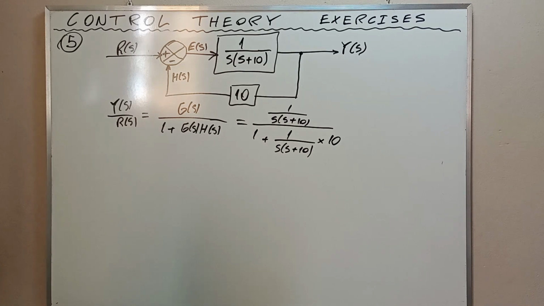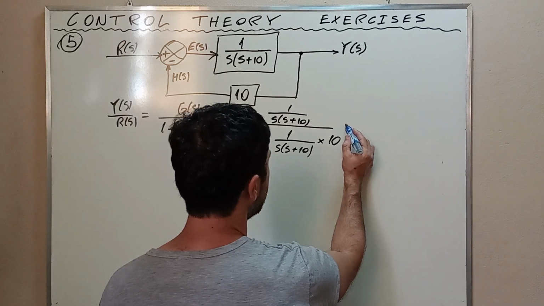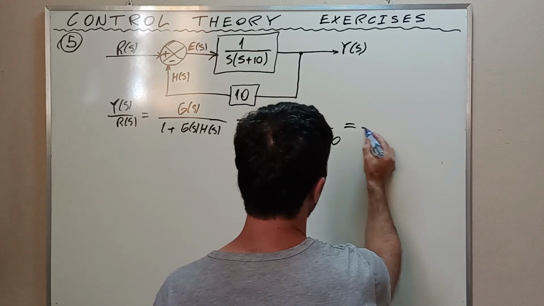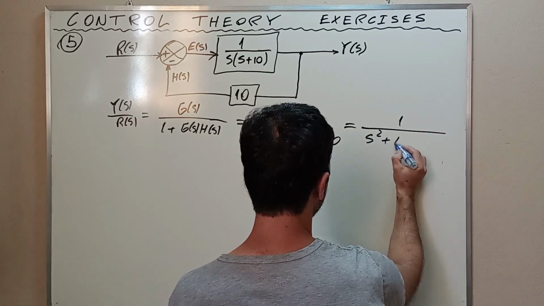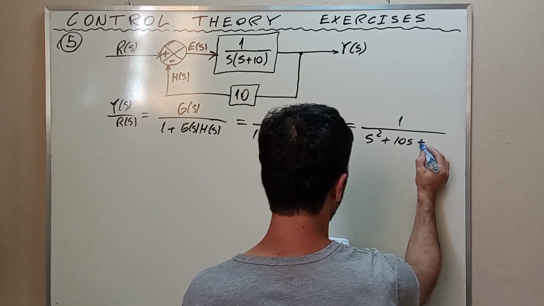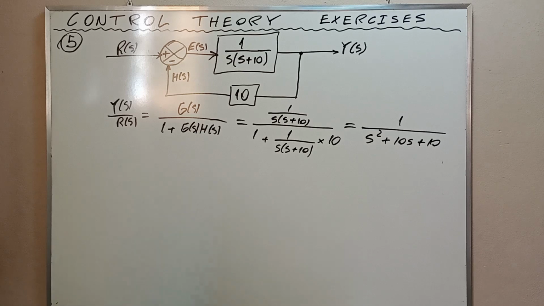Okay? And if we work more on this expression, we find that the closed loop transfer function is equal to 1 over s squared plus 10s plus 10. Okay? This is the closed loop transfer function.